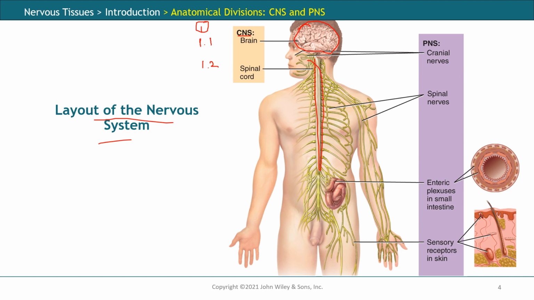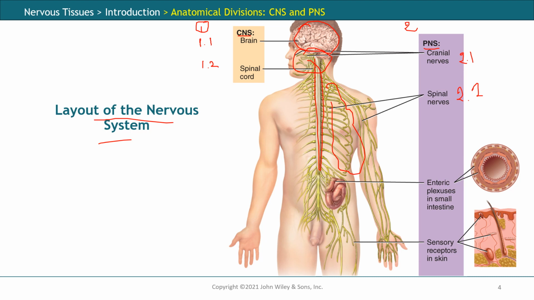Now let's talk about the second one, the peripheral nervous system, which is formed by the cranial nerves, 2.1, and the spinal nerves, 2.2. Here you can see all the cranial nerves, and here all the spinal nerves around this area. They also go to different sections.